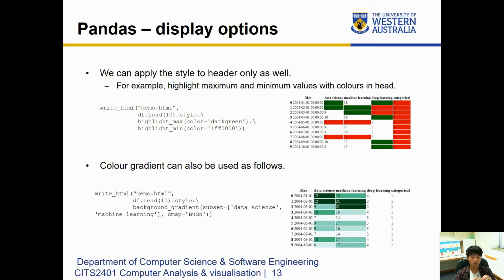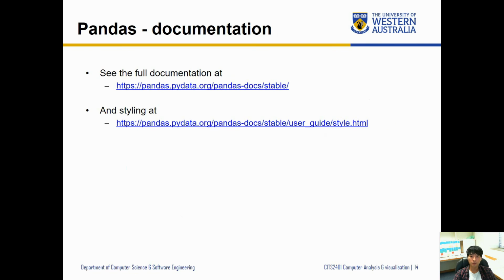We also looked at how you can pick some statistics out of it, and doing some display options to make data stand out. Pandas is a very comprehensive library, so if you want to find out more details, you can look at the full documentation at this link, as well as looking at the styling here.